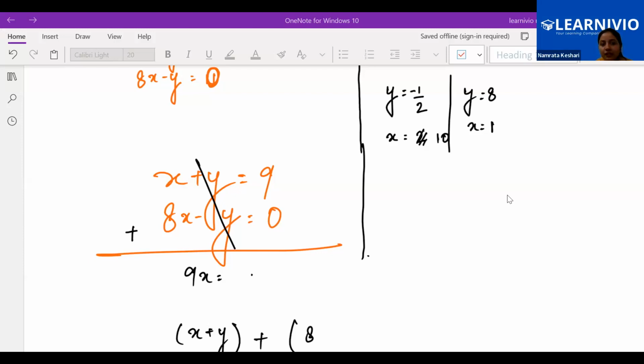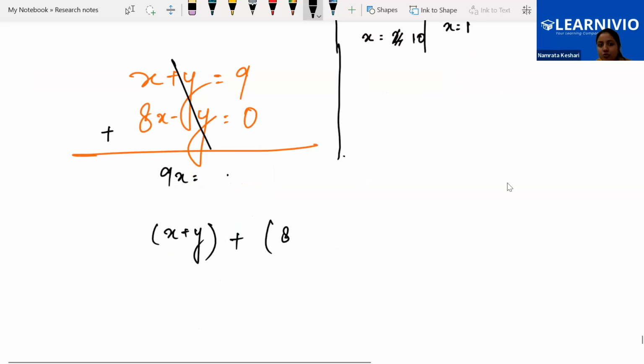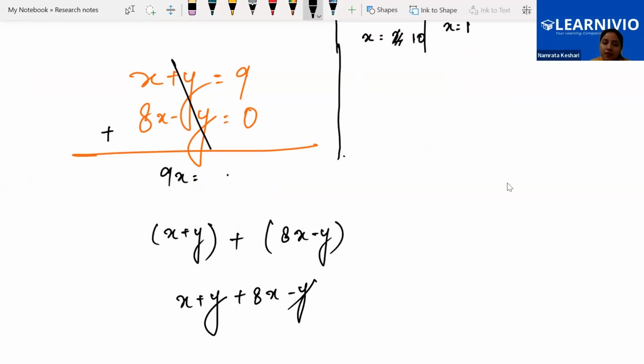When the signs are opposite, you just have to add, because addition will not change anything. So x plus y plus 8x minus y: plus y and minus y are gone. We are just adding both sides and it became just 9x equals 9.